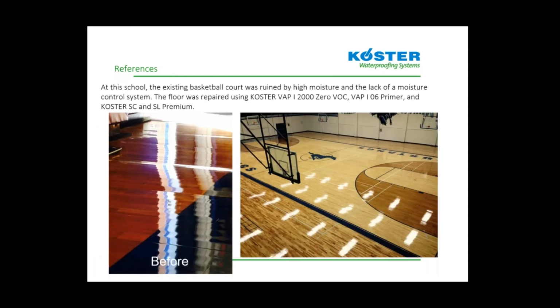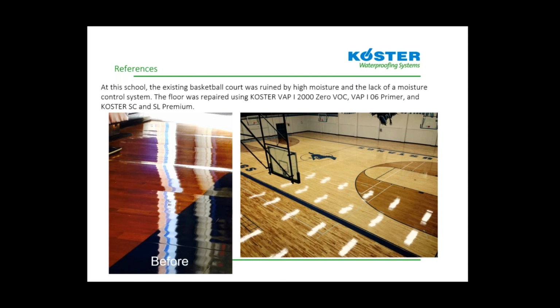Finally, we have this school with the hardwood sports floor and basketball court that was ruined by high moisture. You can see the picture on the left, some of the discrepancies in the reflection. You can see some of the wooden boards have bowed and expanded and caused the entire floor to fail, with a lot of these humps or raised areas in the flooring.